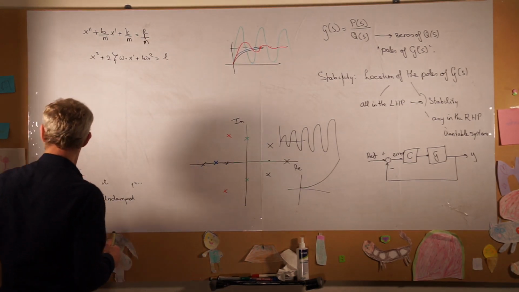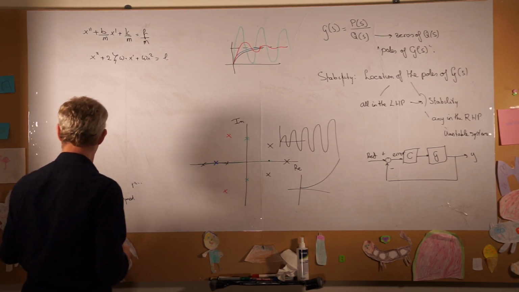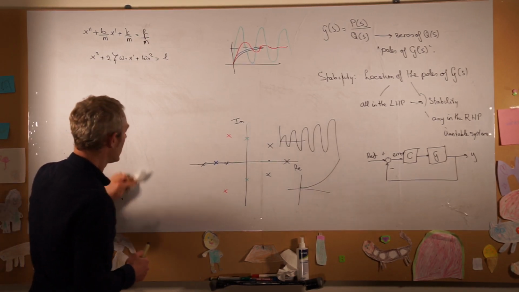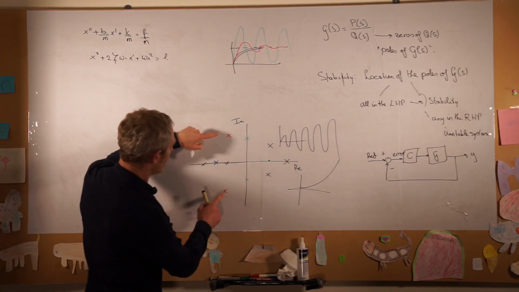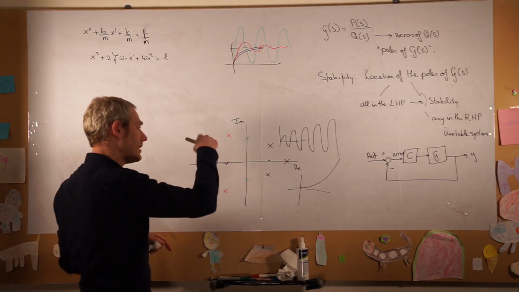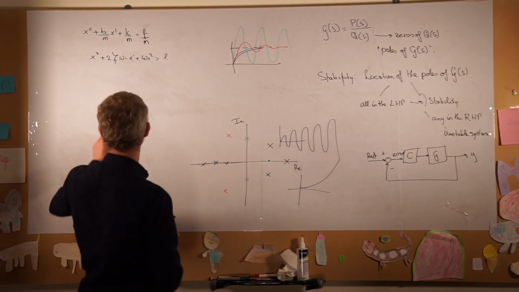But most notably, I'd like to start with an underdamped system where we have decaying oscillations, which is, for example, for these 2 points, we'll have oscillations, but they'll decay.